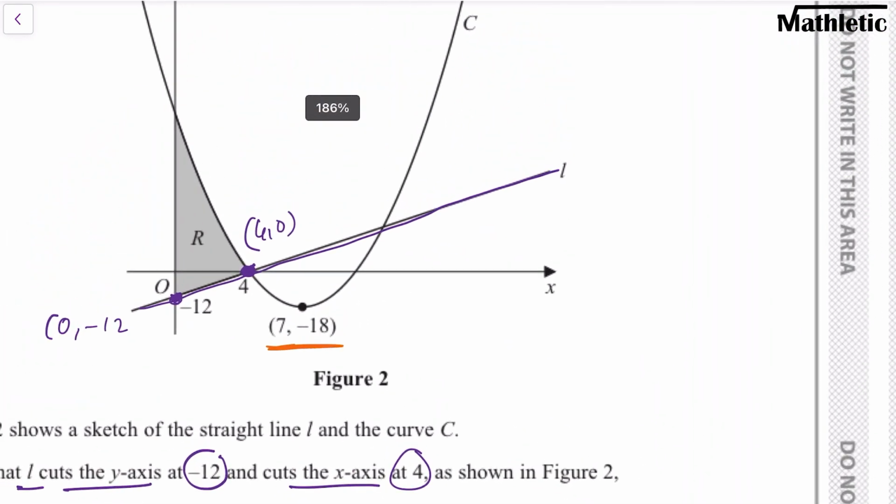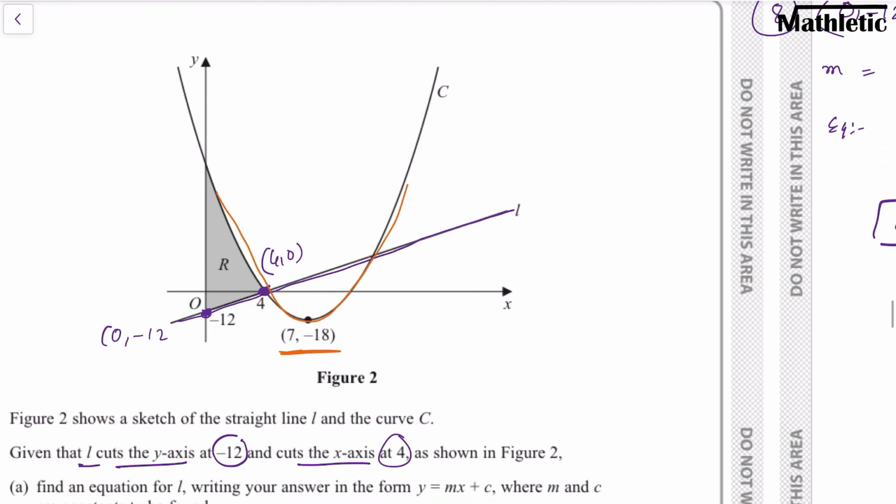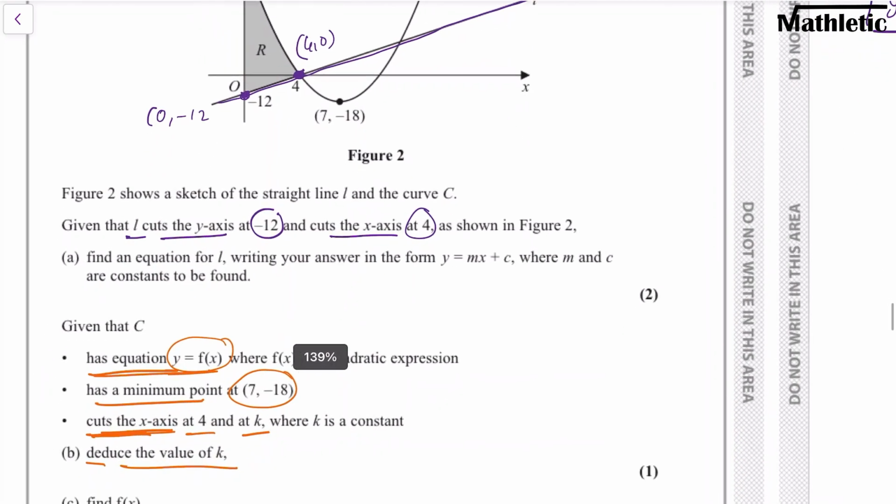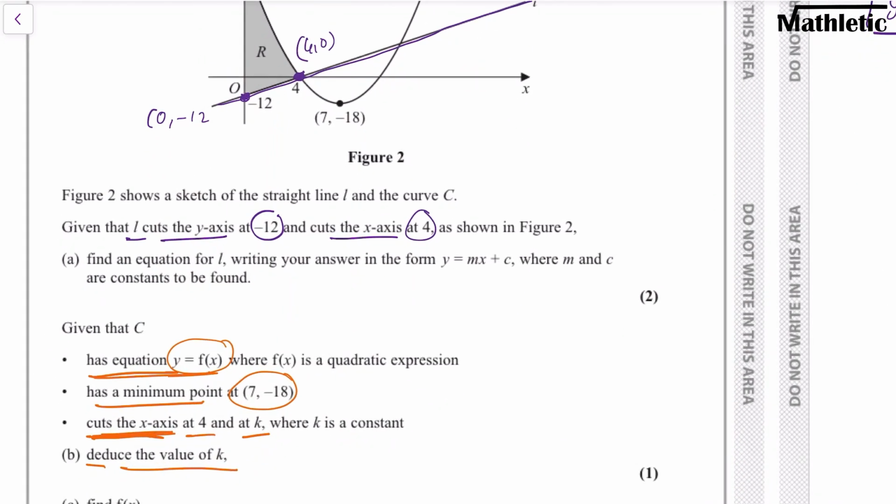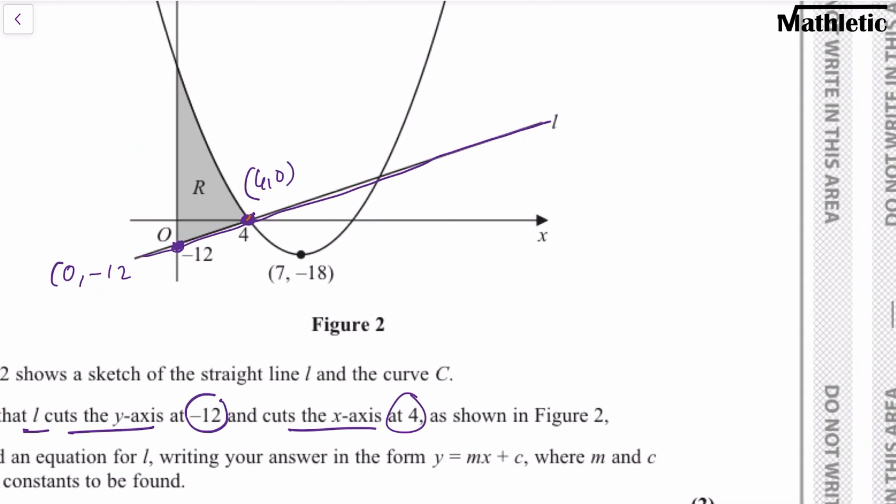So this is the curve, and the intersecting points are 4 and k. It is already mentioned that the curve cuts the x-axis at 4 and k, as the intersecting points of the curve with the x-axis.